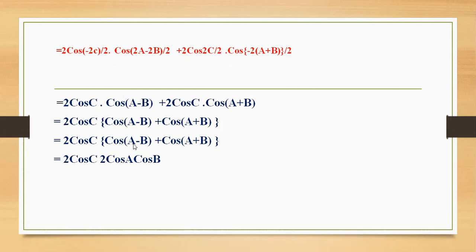Then sin a sin b and minus sin a sin b cancel, leaving cos a cos b plus cos a cos b, which is 2 cos a cos b. Multiplying by the 2 outside, our result is 4 cos a cos b cos c, which is the right hand side. Hence proved. This is the way to solve this question and prove the given condition.